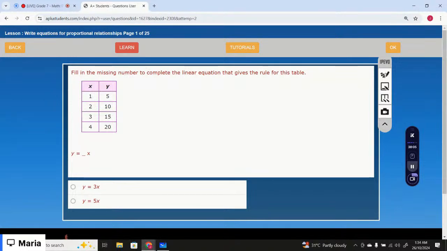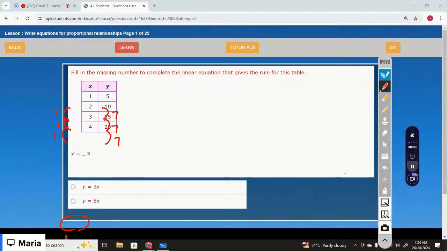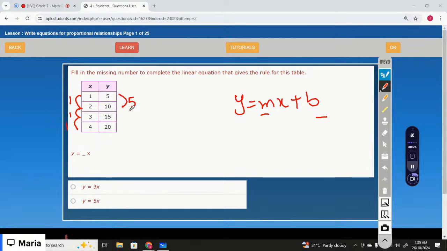So let's just see what is the value of m and b, right? We have to use this equation y equals mx plus b. We need to calculate m and b. So let's just see how x and y are changing. 1 plus 1 is 2, 2 plus 1 is 3, and 3 plus 1 is 4. 5 plus 5 makes 10, 10 plus 5 makes 15, and 15 plus 5 makes 20. So change in y divided by change in x is 5 over 1 equals 5.